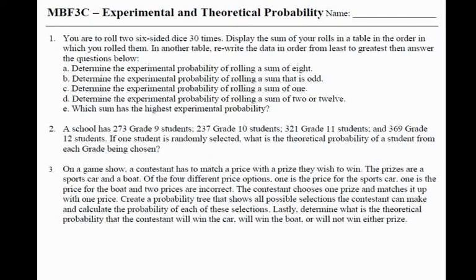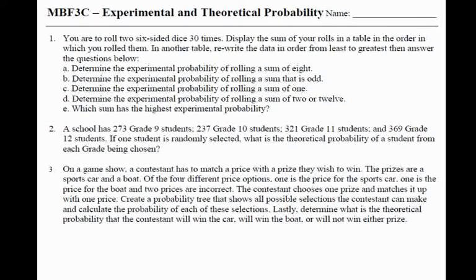What I want you to do is to show all of your rolls in the order in which you rolled them. And then I want you to rearrange that data, from least to greatest. And then you can answer all these questions. So it's a little bit of an experiment to do, but make sure you do that.